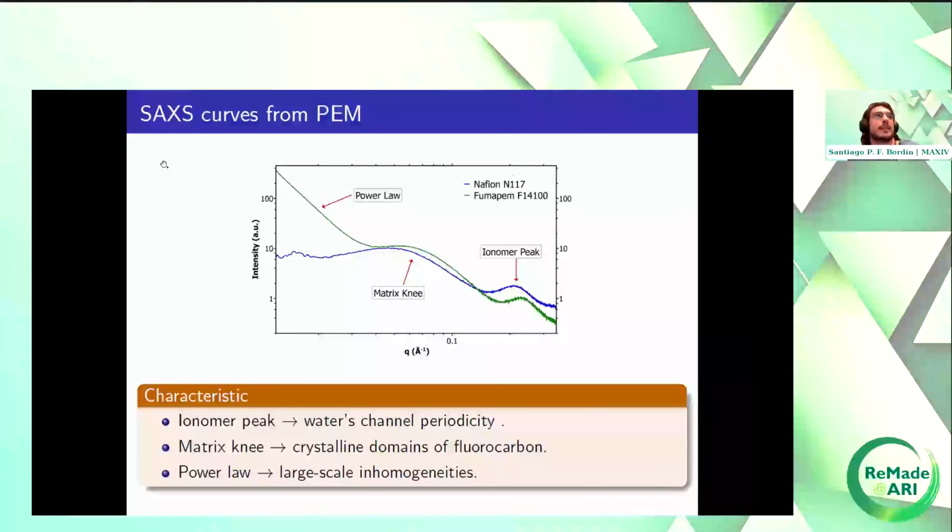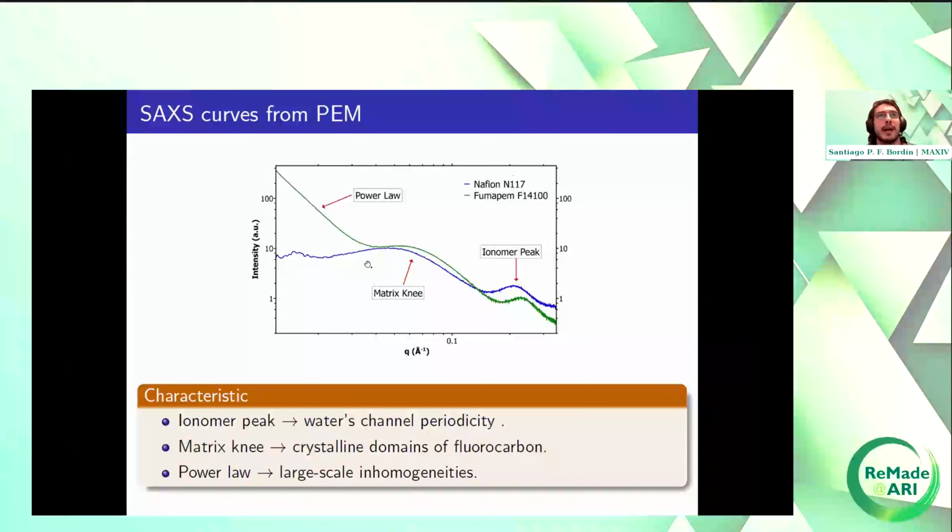So this is a characteristic structure of a proton exchange membrane, not only of these two that we are studying, but a lot of other membranes have a similar shape. We can find an ionomer peak that is related to the water channel periodicity, how these channels are organized in clusters.